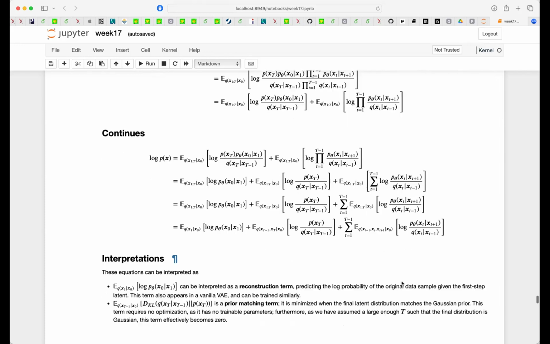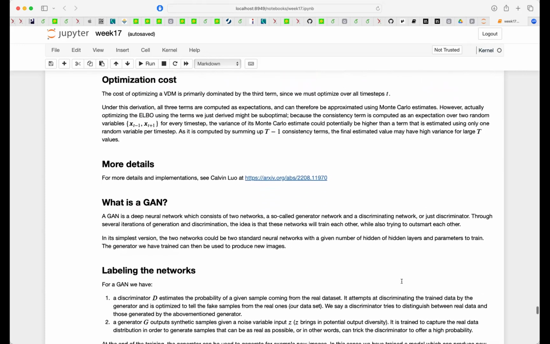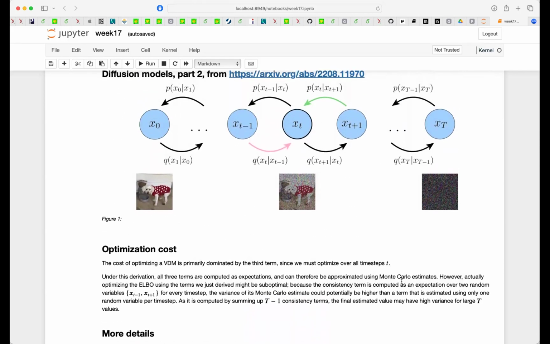We have a discussion of GANs as well below here, but I guess I'm going to skip that one. You can just take a look at it if you want. I find the GANs perhaps less interesting than the diffusion models, also because the diffusion models are closer to the way I would think of training a given model.